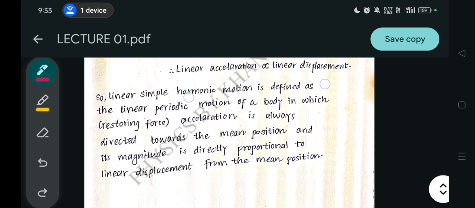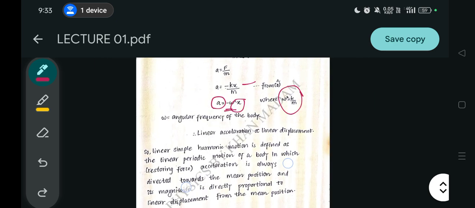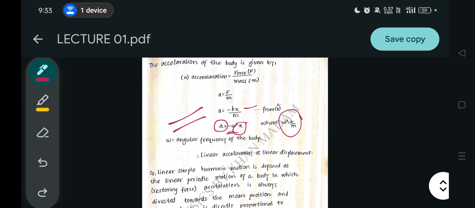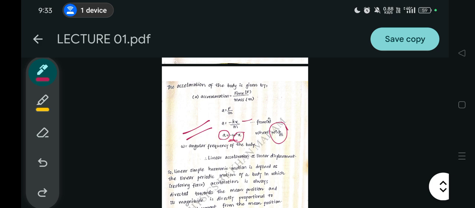So we can say that linear harmonic motion is defined as a linear periodic motion of a body in which the restoring force acceleration is always directed towards the mean position and its magnitude is directly proportional to the linear displacement from the mean position. So here we have mathematically proved that linear acceleration is directly proportional to linear displacement.